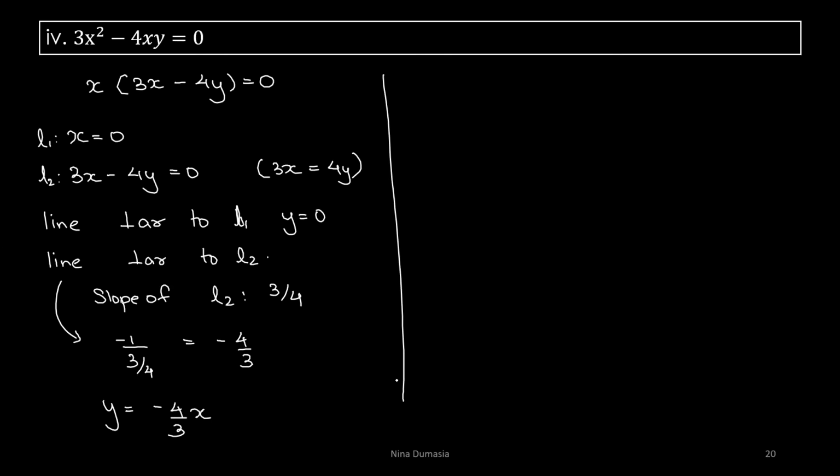So what are our two lines? First one is y is equal to 0 and second one is y is equal to -4/3 x. Now you multiply by 3, so you get 3y plus 4x is equal to 0.